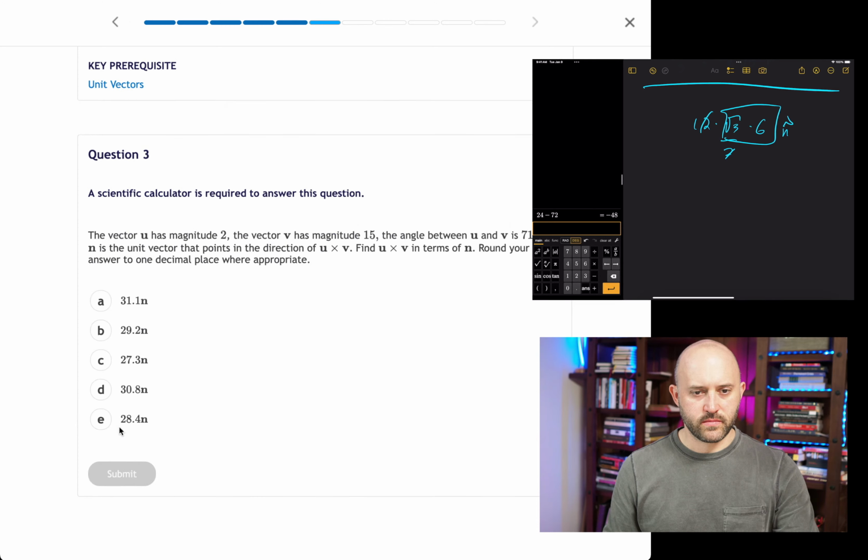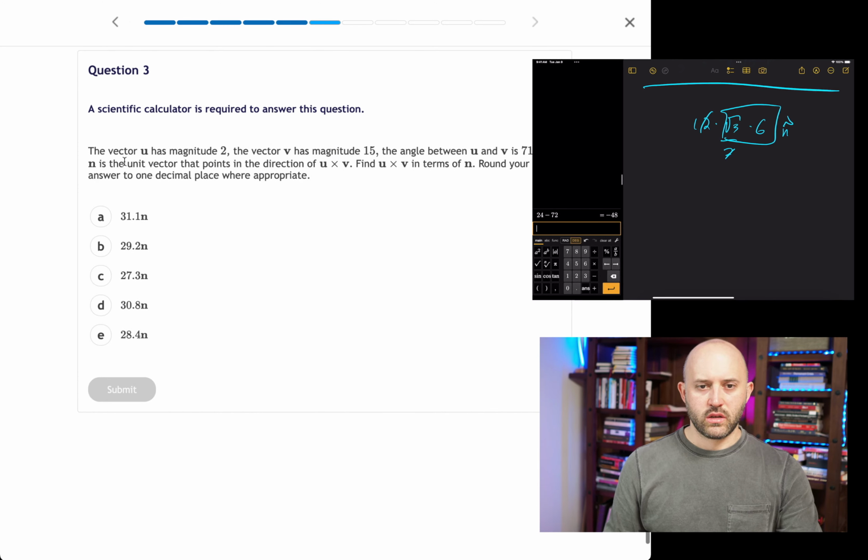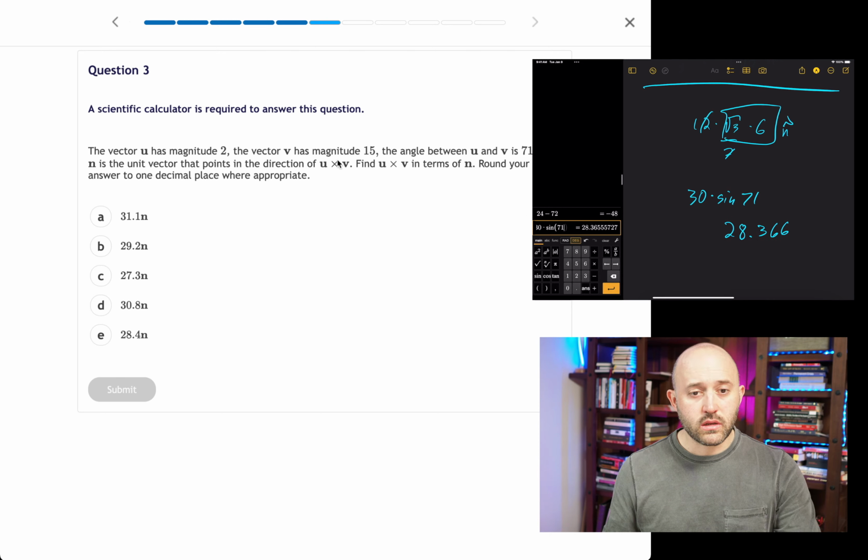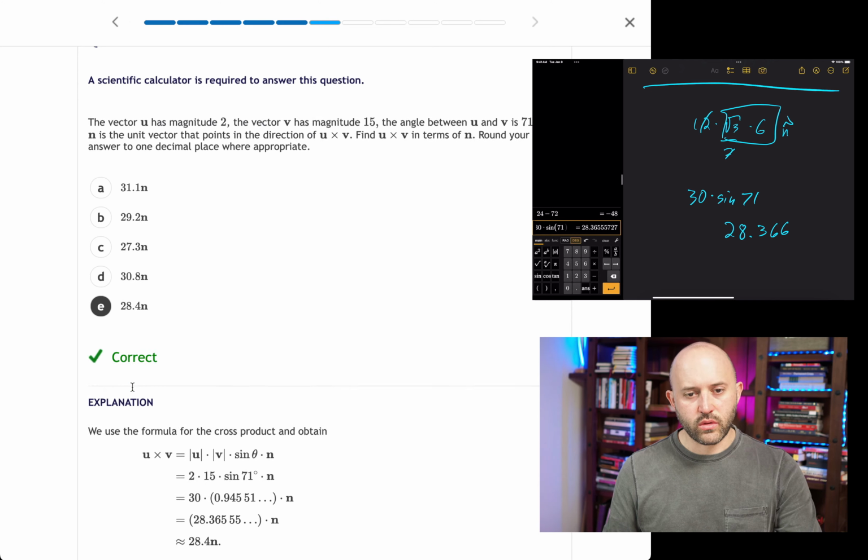Vector u magnitude 30 times the sine of 71. Let's just do it here. 30 times the sine, and we're in degree mode, of 71 is 28.366. We're just going to one decimal place, so 28.4.